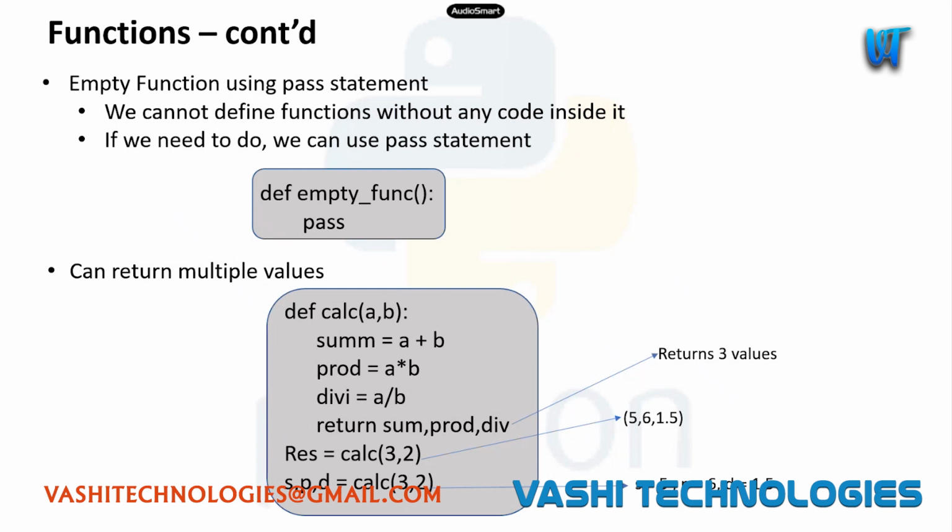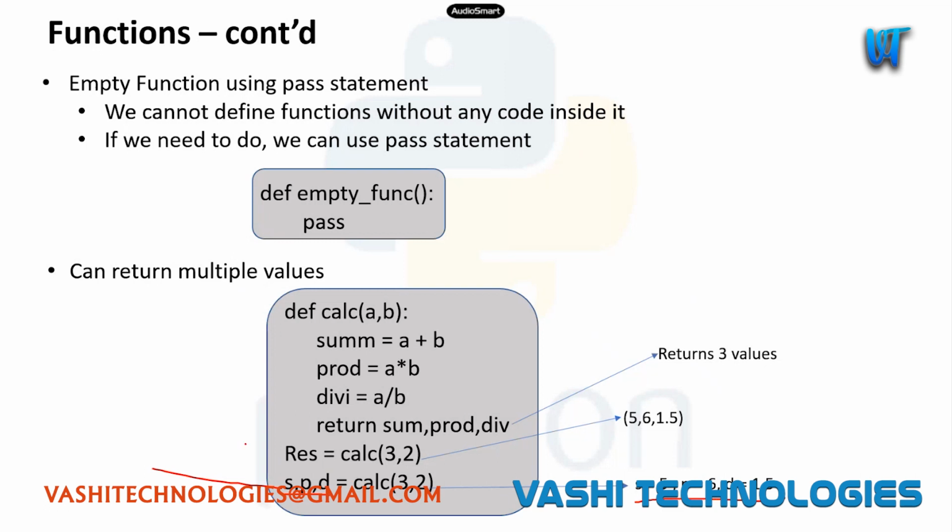Okay, and as you will see here, a function can return multiple values. I think in the very first program, I have shown you that a function can return any number of values. Not one value, it can return any number of values. So in the first example, I have assigned each return value to a single variable. And in this case, if you see SPD, we have S is equal to 5, P is equal to 6, D is equal to 1.5.